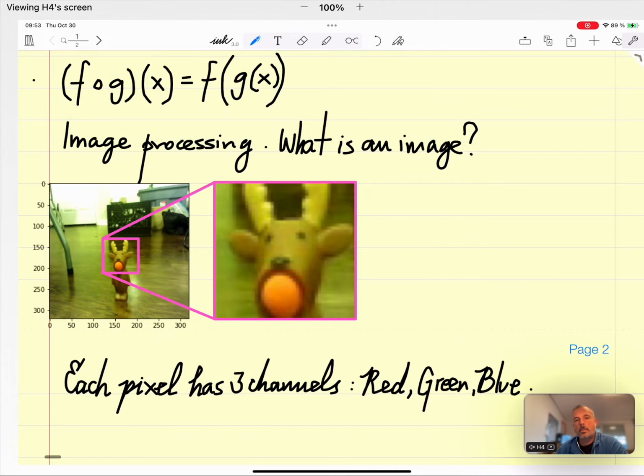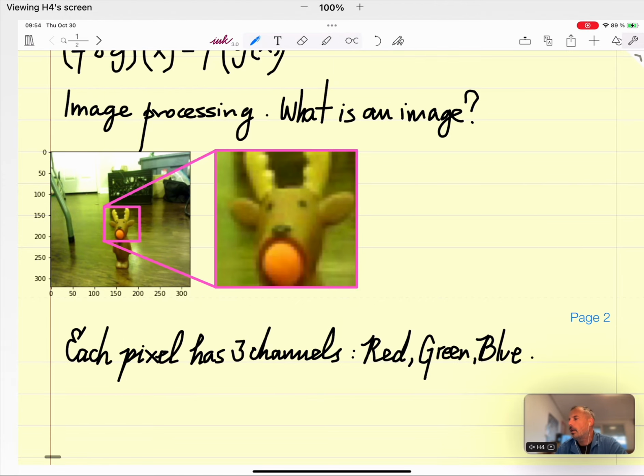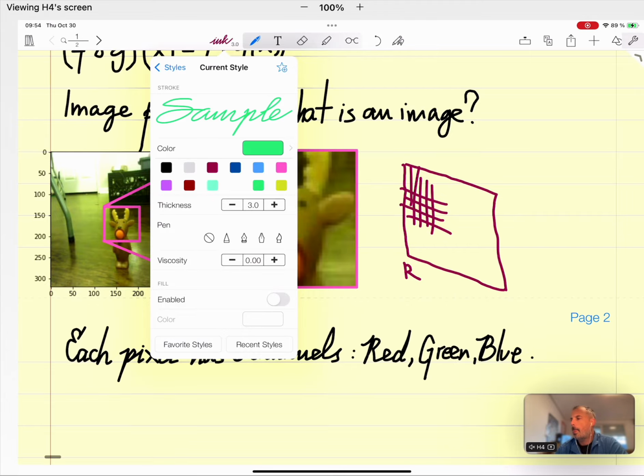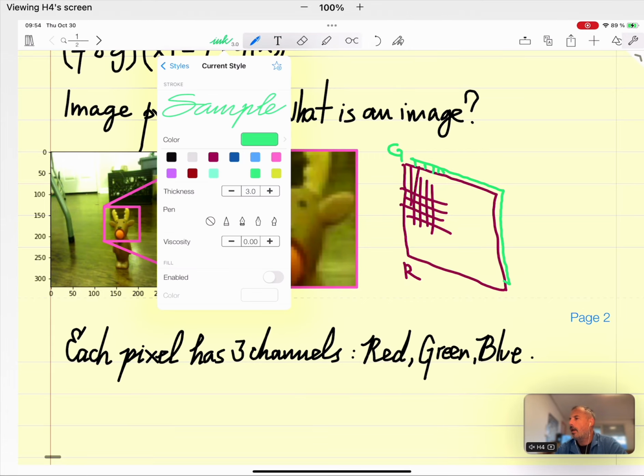So in reality, we have a superposition of 3 channels, each one with their pixels, one red, one green, and one blue.